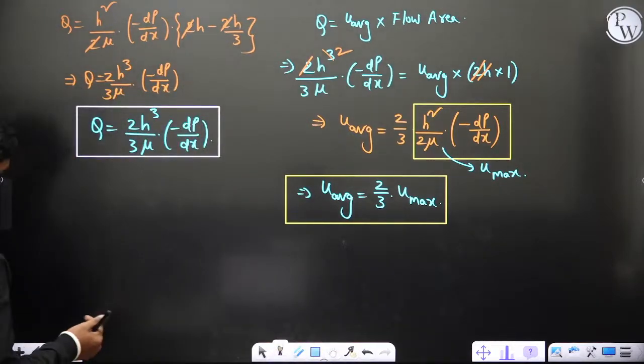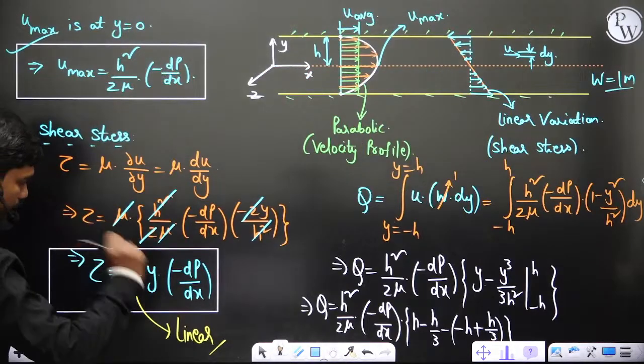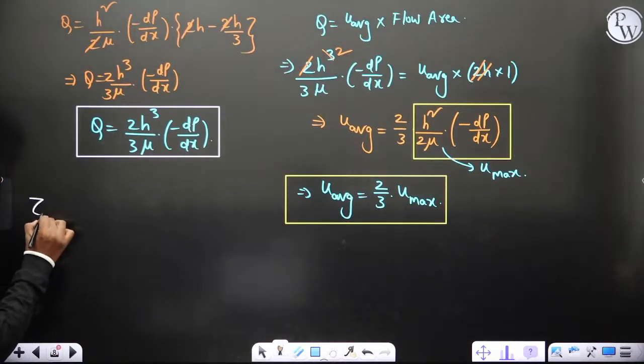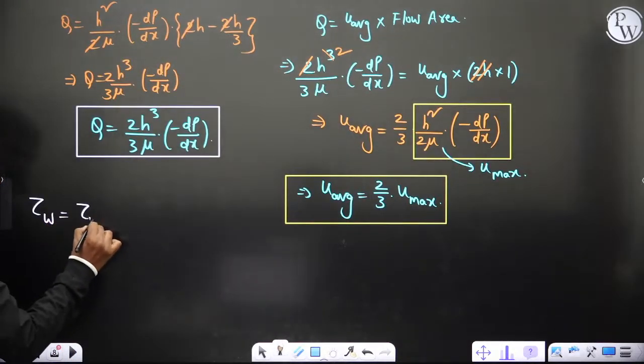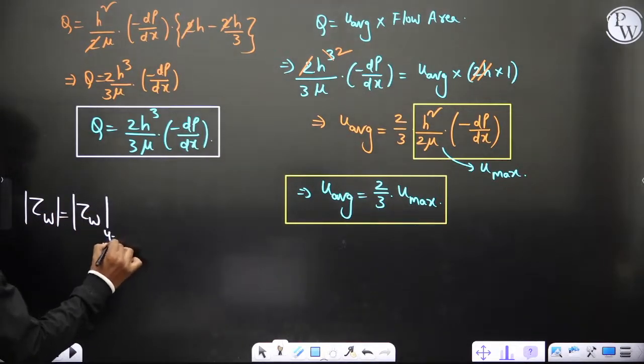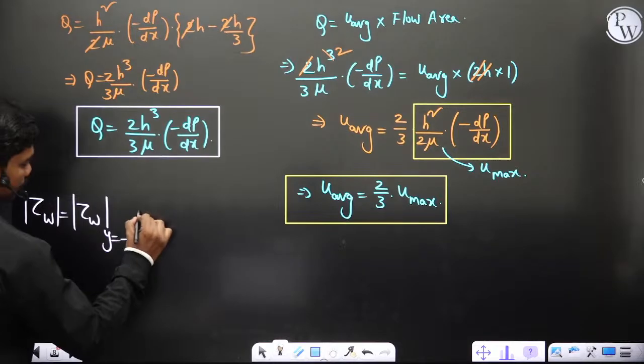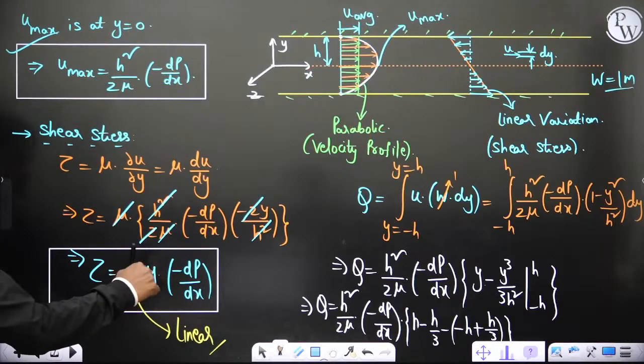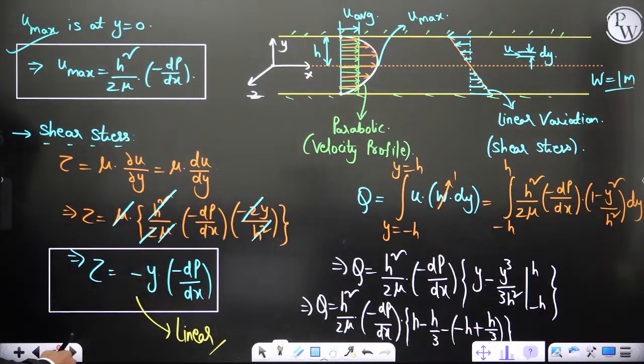You can understand something like shear stress at the wall, which is tau w magnitude, okay? So shear stress at y equal to minus h or y equal to h. If you put y equal to minus h, this value is h into minus dp by dx, correct?